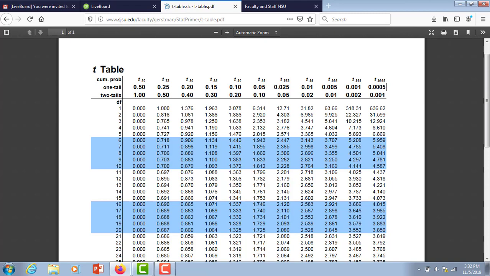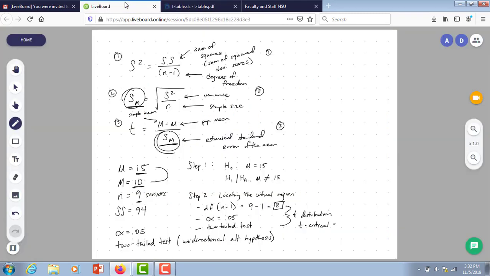Okay, fine. Anyway, our t-critical for this example will be 2.306. Because it's a two-tailed test, it is going to be positive and negative 2.306. Okay, so going back here, plus or minus 2.306.